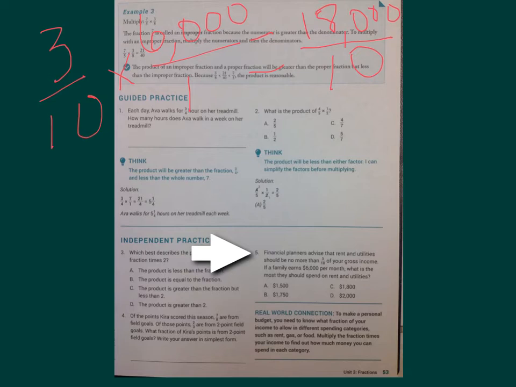So the way we're going to get our answer is we're going to divide 18,000 by 10. Real simple. So we know 10 will not divide into 1, but 10 will divide into 18 1 time.